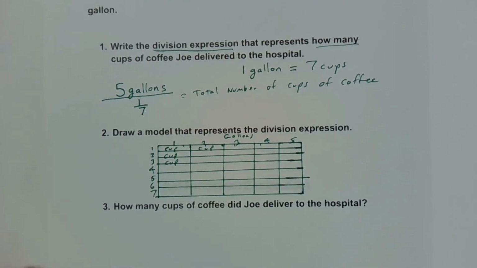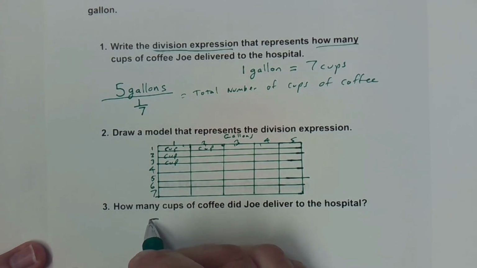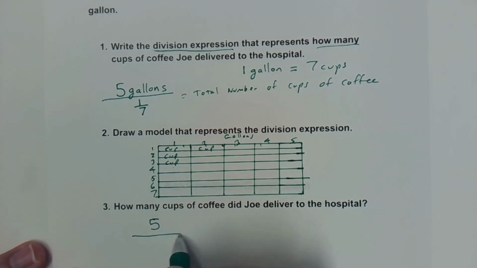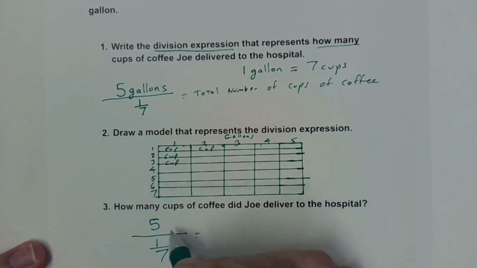Now finally, we need to figure out how many cups of coffee Joe delivered to the hospital. Well, with our expression, we have 5 divided by 1/7. So we're going to rewrite this.